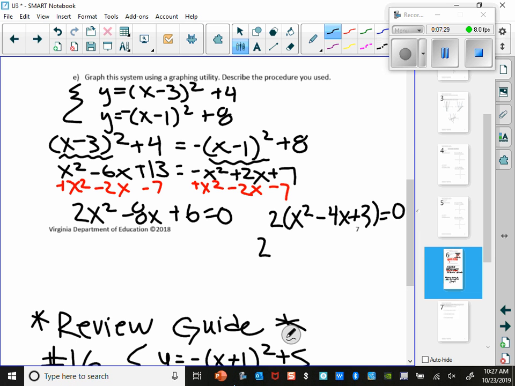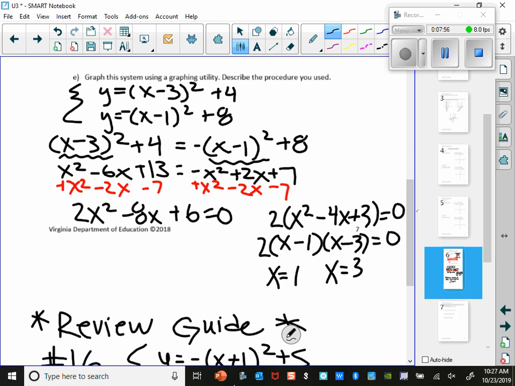And then we want to keep factoring, so what do our factors end up being? x minus 1 and x minus 3. So you factored, now you set each factor equal to 0 and solve. So you know one solution is x equaling 1, another one is x equaling 3, but is that where you're done?